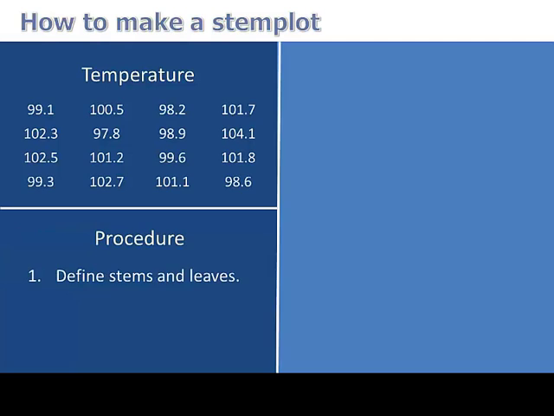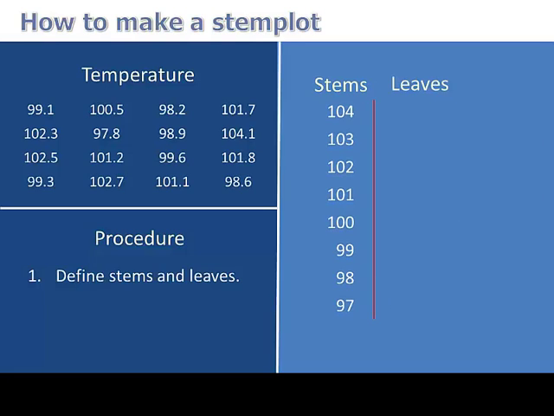Define stems and leaves. Here it makes sense to use the whole number portion of the temperature for the stem and the decimal portion for the leaves, which will appear to the right of the vertical line. And to help readers interpret our stemplot correctly, we will add a key.